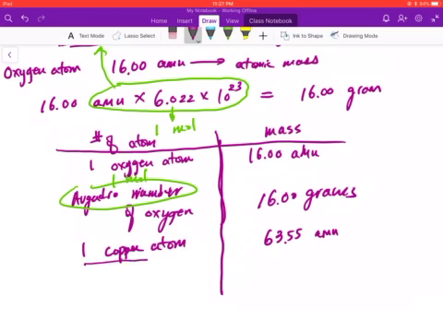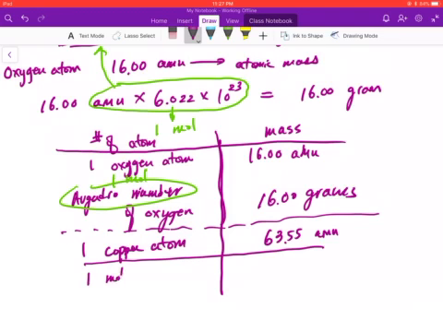So this is on an atomic basis. I'm going to separate these two things. What if I have 1 mole, that's Avogadro's number, of copper atoms? What would it weigh? You got it. It is 63.55 grams.